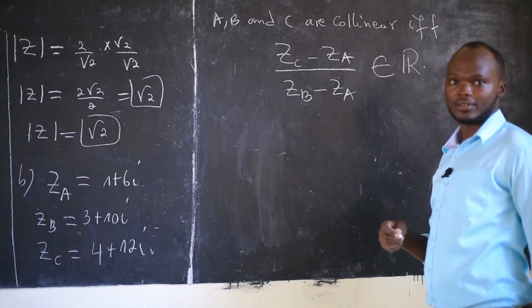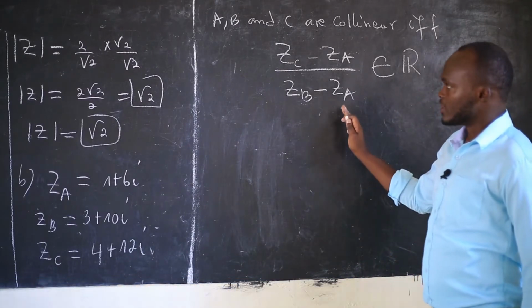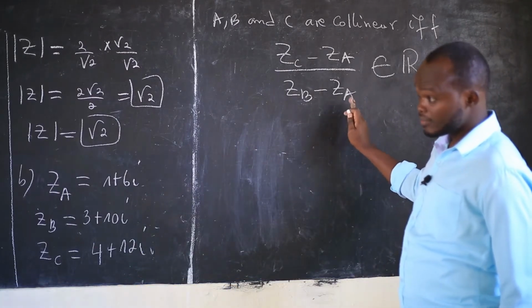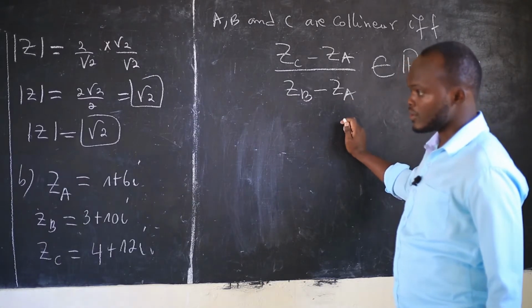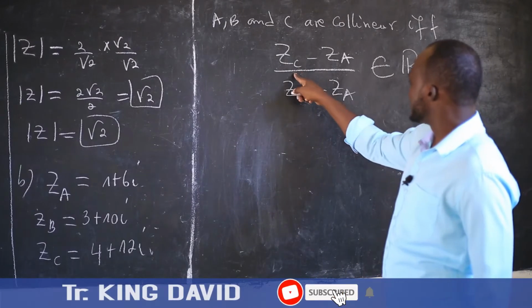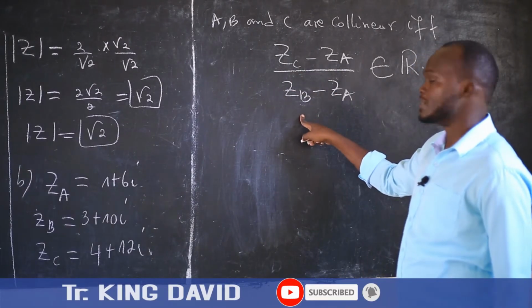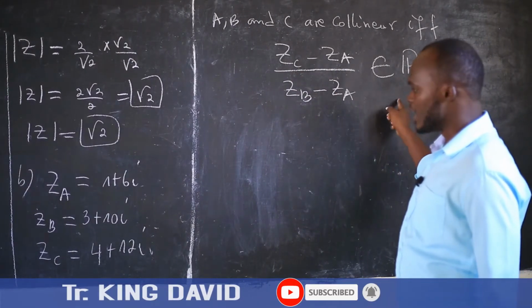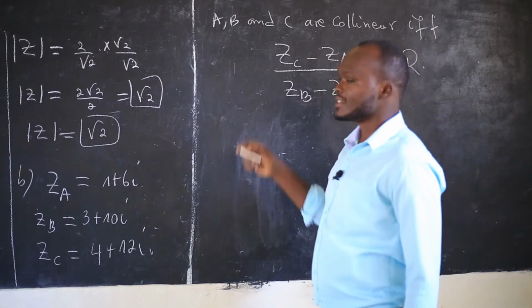I hope you remember that one. We saw this in the notes because we studied it. So when ZC minus ZA divided by ZB minus ZA is a real number, that's when A, B, C are collinear.